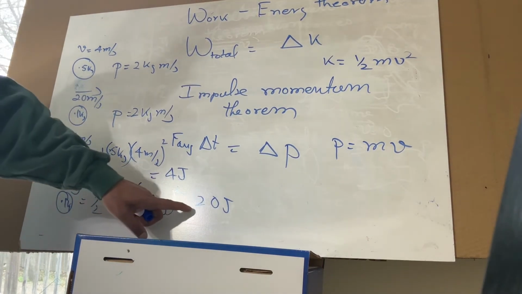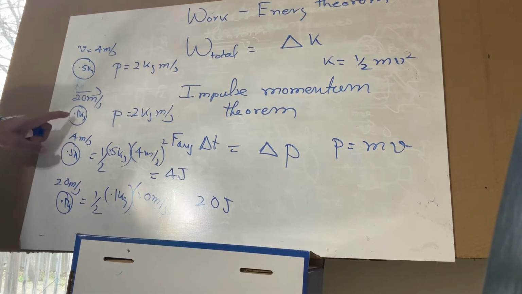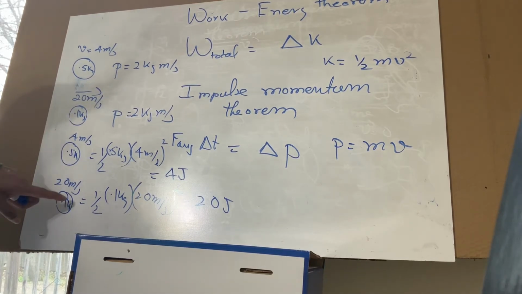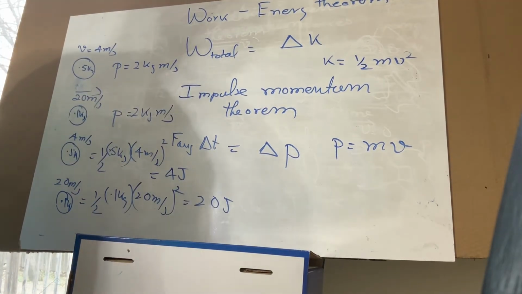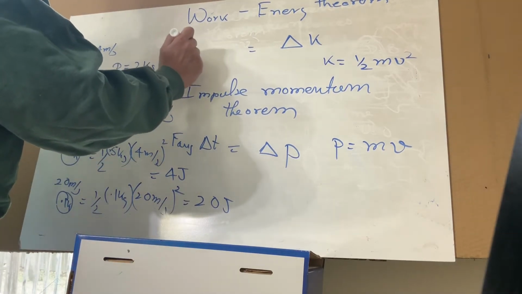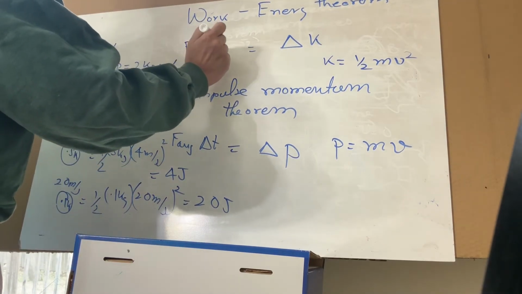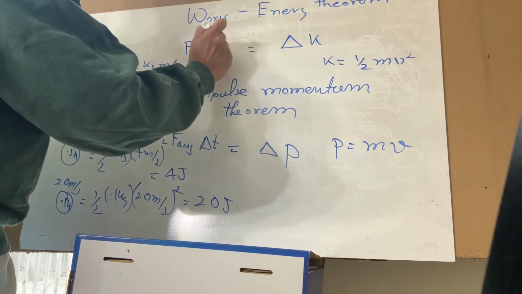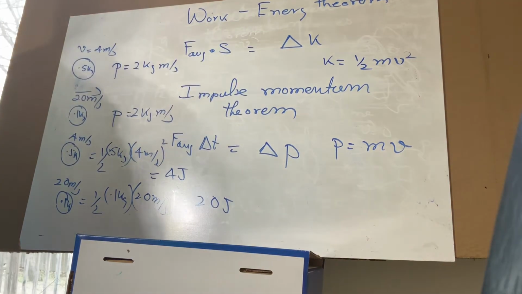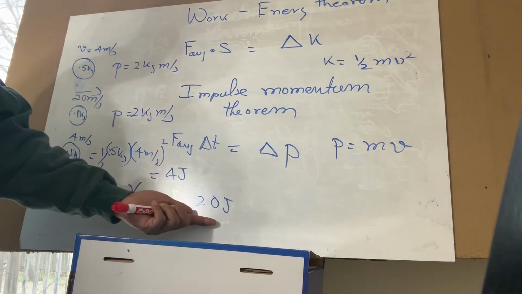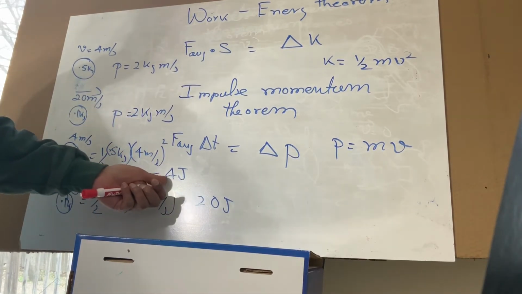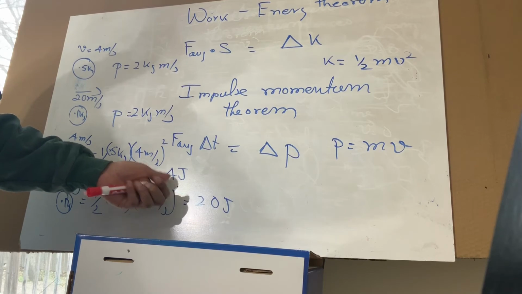The smaller one hits you with a greater amount of kinetic energy. And what does that mean? Remember, work is the average force times the distance, F dot S, right? So this 20 is 5 times greater than 4 joules.